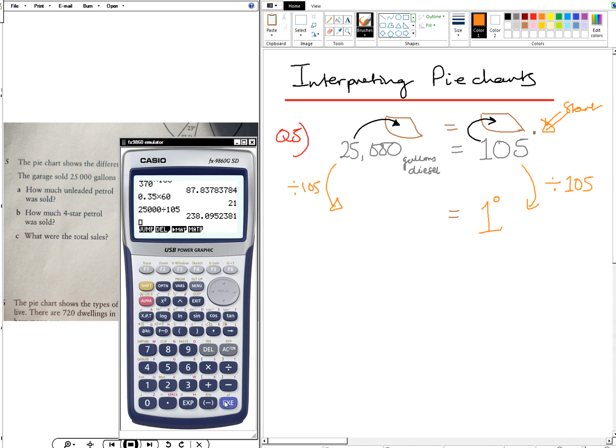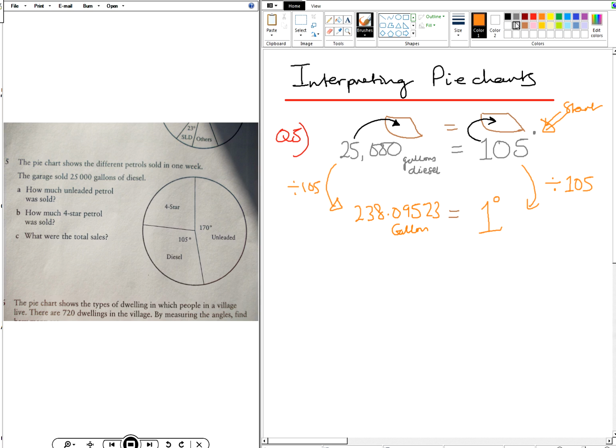That gives us an answer of 238.09523 and so on. I've written all that value down for the moment because we're going to try and make our multiplier as accurate as possible. Let's move on to the next part of the question.